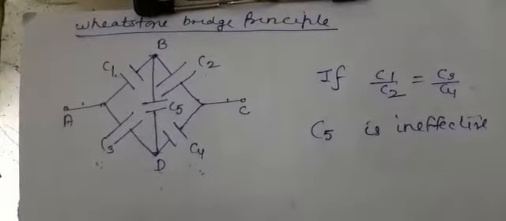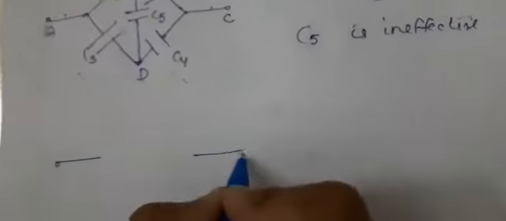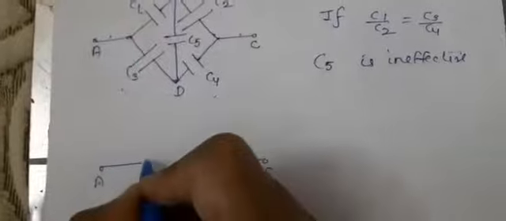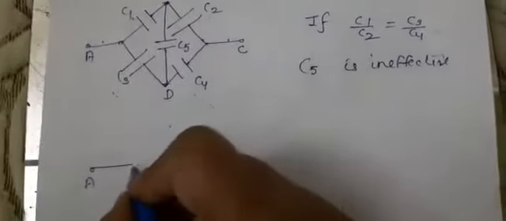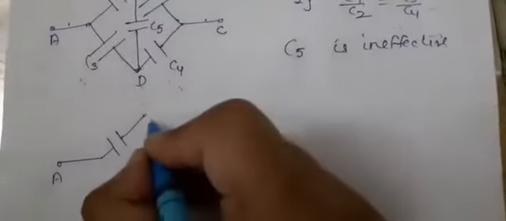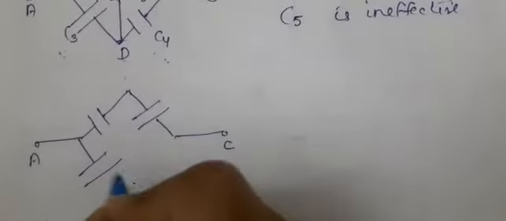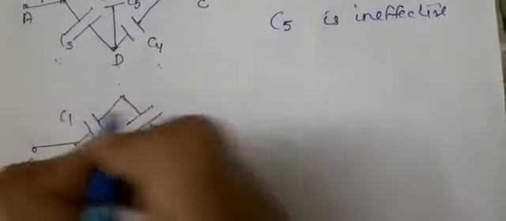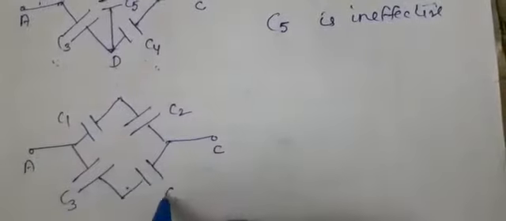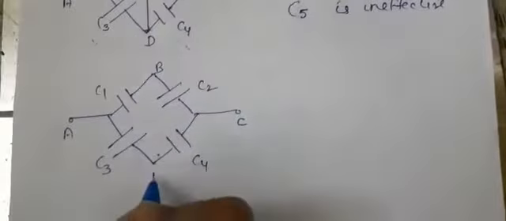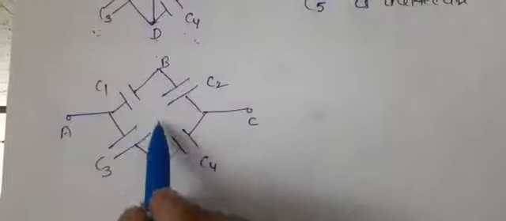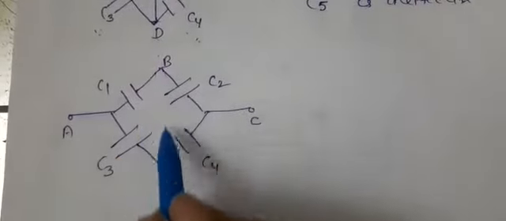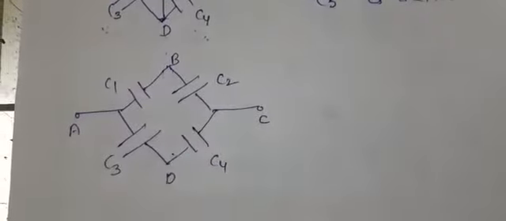So in that particular case, only C1, C2, C3, C4 will contribute. Now here, this will not contribute. Why? Because no potential difference, no charging of the plates of this capacitor.